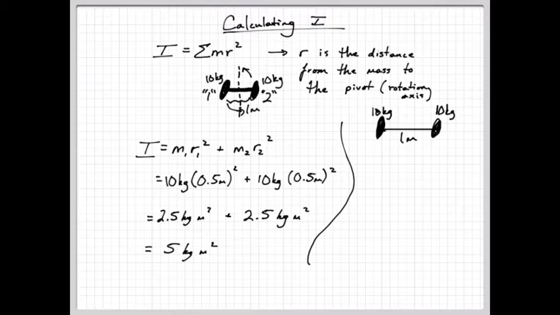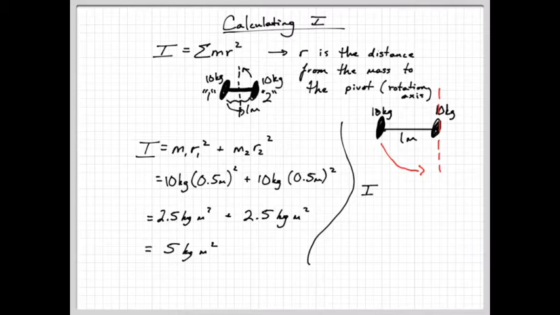But this time, we're going to rotate this thing through one of the ends. So instead of rotating about the middle, what if we rotated it about, say, the right end? What does this do to our moment of inertia?